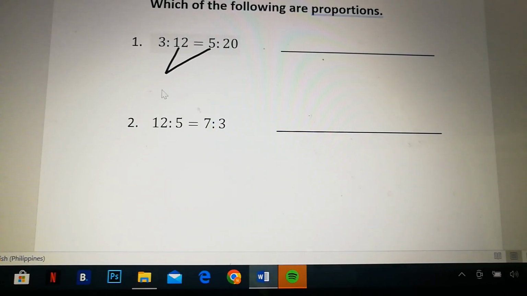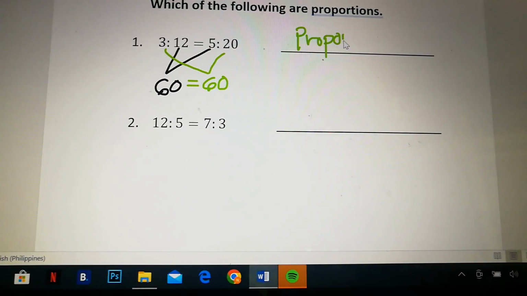We call this the product of the means. 12 times 5 is equal to 60. Then the product of the extremes, 3 times 20 is also equal to 60. Since they are equal, then this is a proportion.